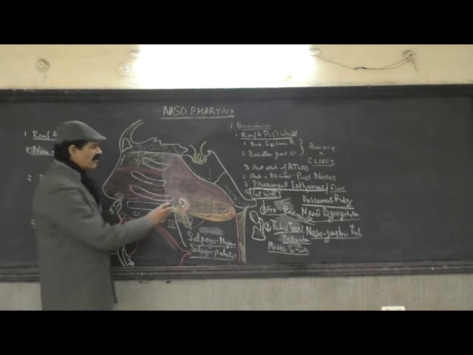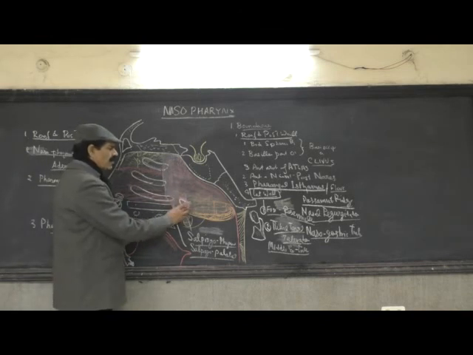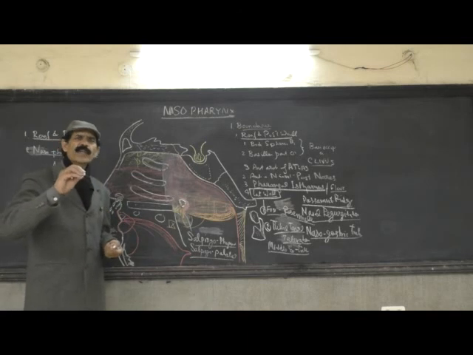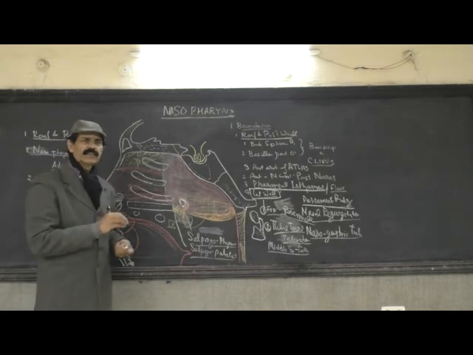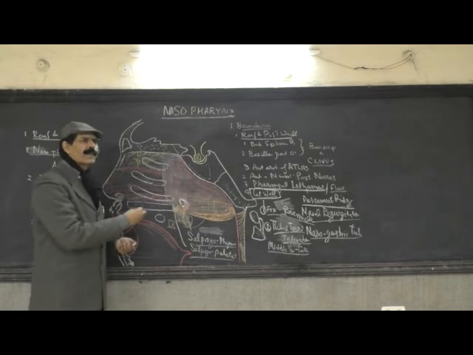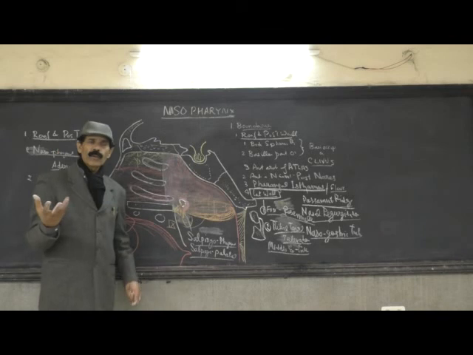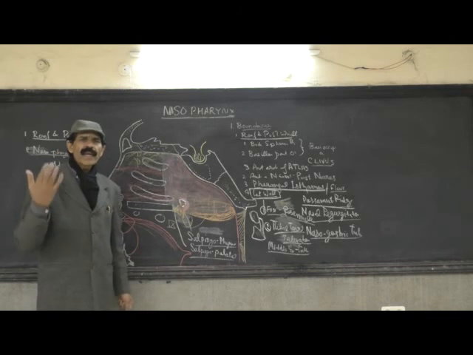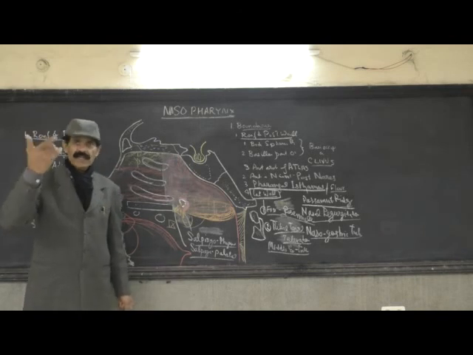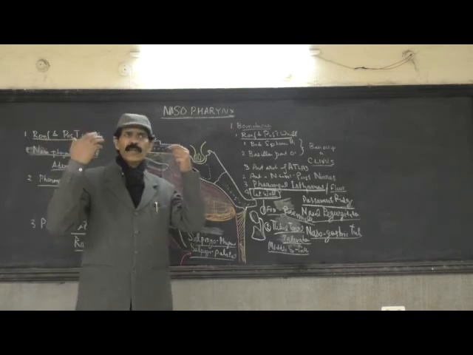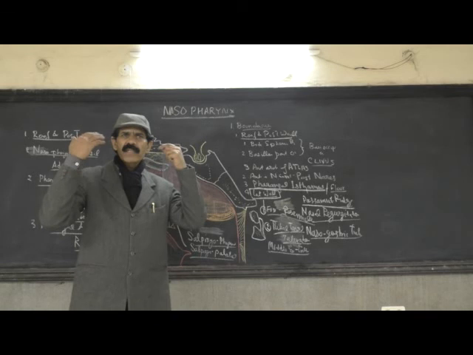The swelling of the mucous membrane around the eustachian tube closes the opening of the eustachian tube, and the mucous secretion which is trapped inside will give rise to a heaviness of the ear of that side. So during rhinitis or common cold, you might have experienced the heaviness in your ear.